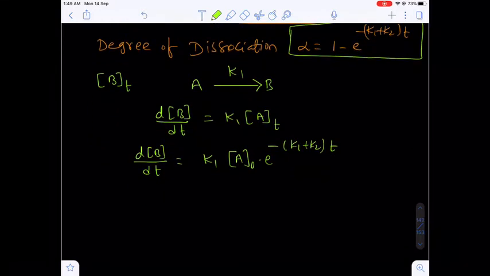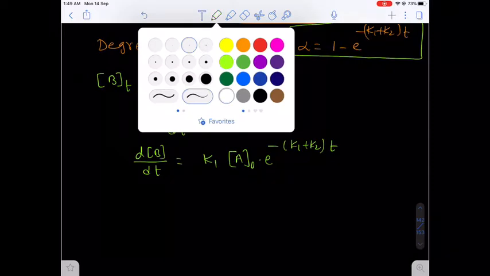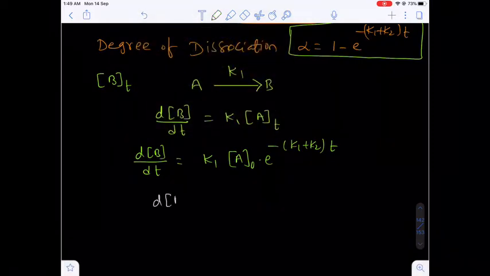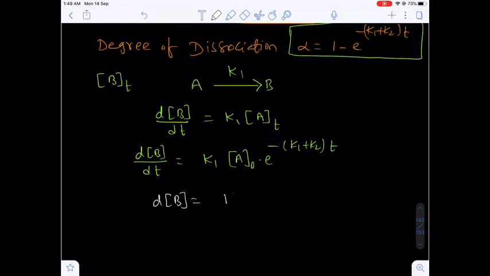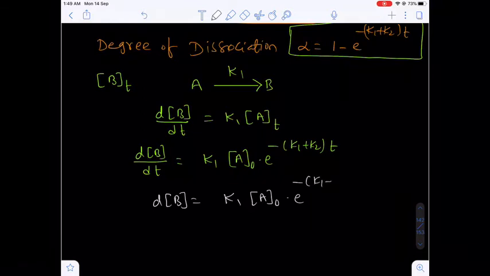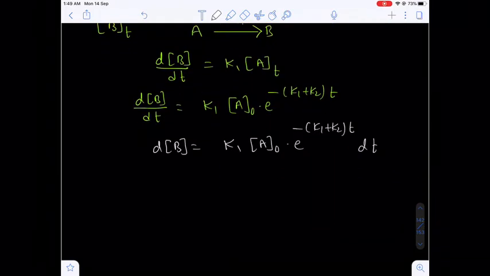Now here, dB is equal to K1 into A0 into e to the power minus of (K1 plus K2) into t into dt. Now I am integrating on both sides.